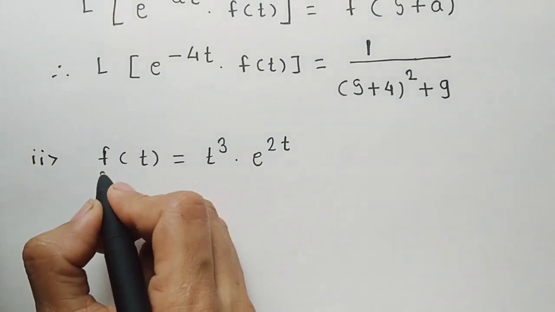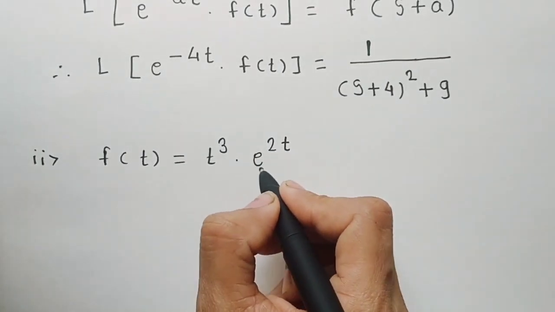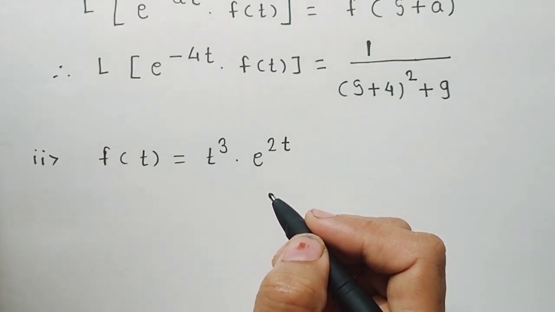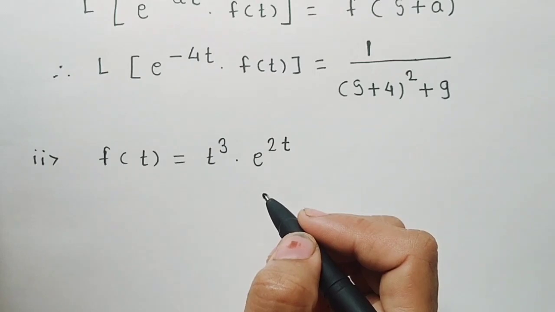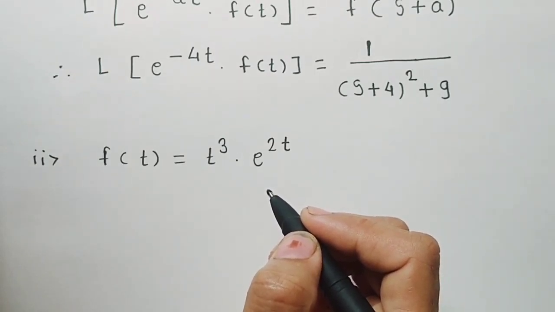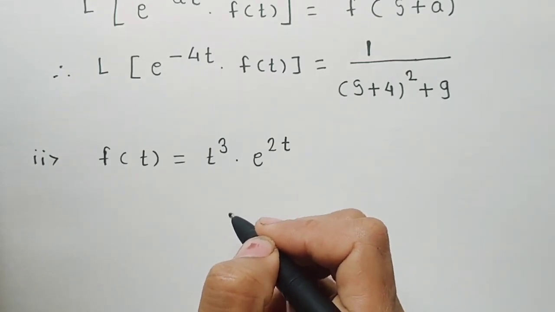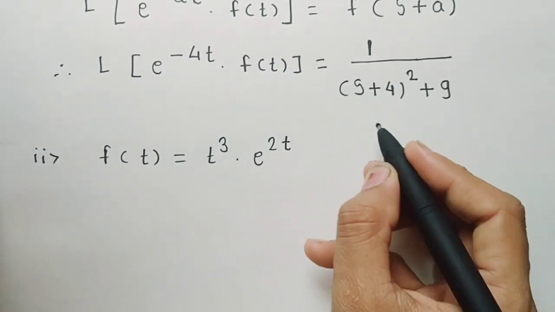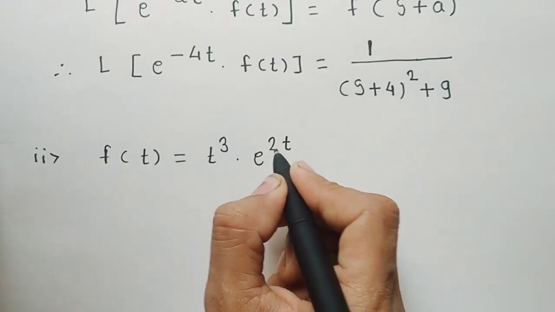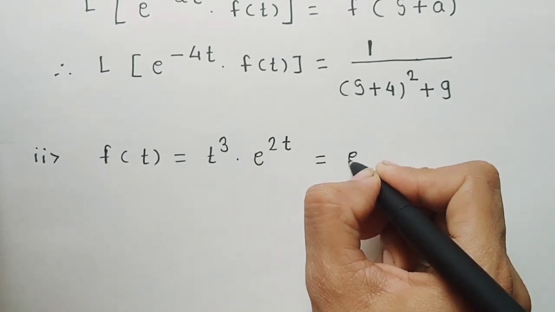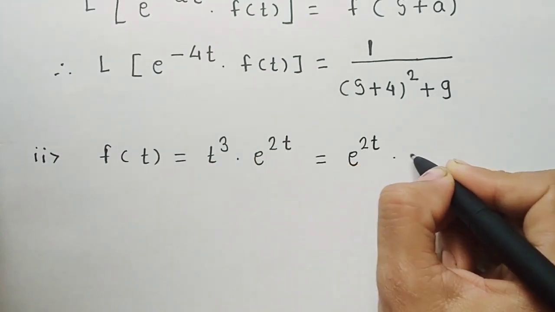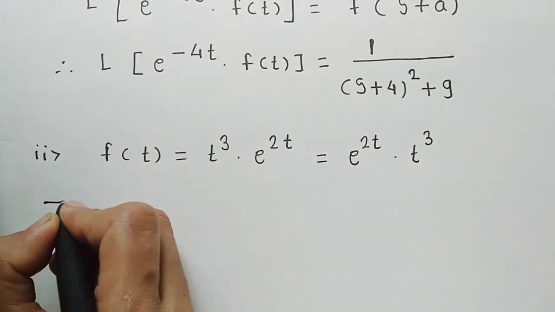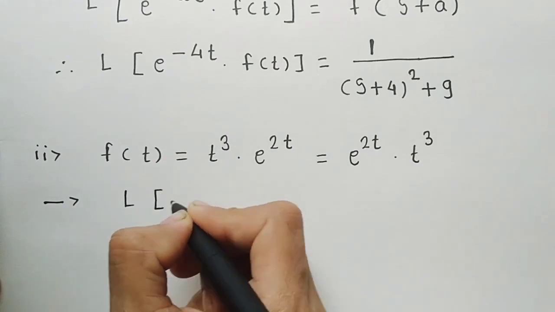Now in question number 2, f of t is equal to t cube into e raised to 2t. So actually two properties are involved. You will find the answer by using the first shifting property as well as multiplication by t raised to n. So t cube into e raised to 2t can be written as e raised to 2t into t cube. First find out the Laplace of t cube.